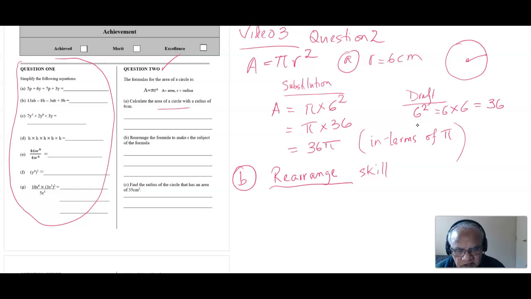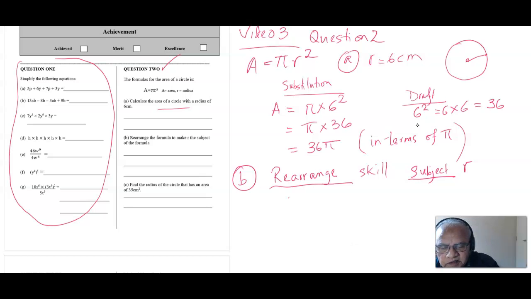Once in a while I mentioned it in the classroom, but that's not good enough. If you read the question, it says make the subject, watch the word, make the subject r. So the radius, if you are trying to work out the radius, this is the way to go.